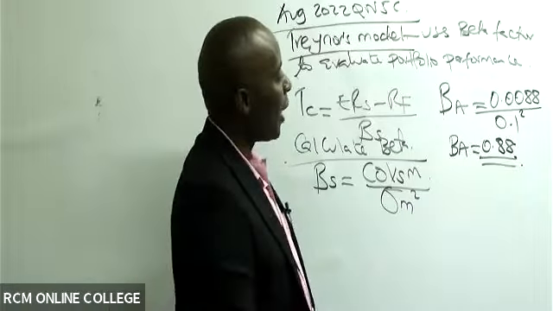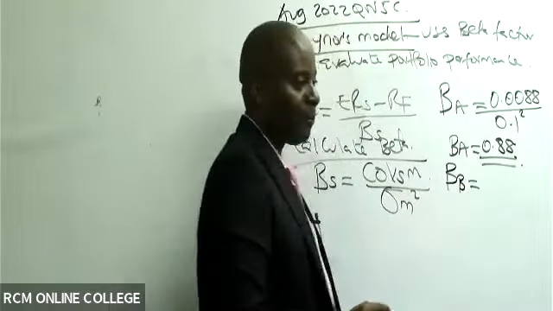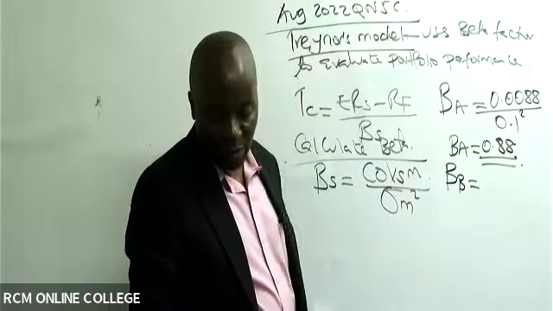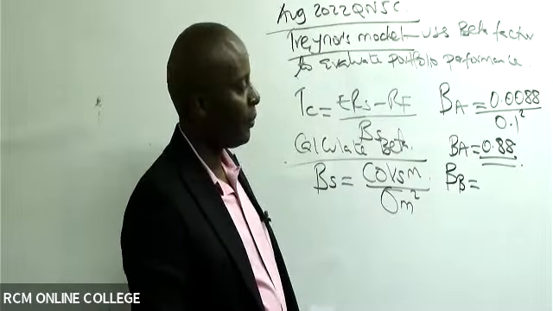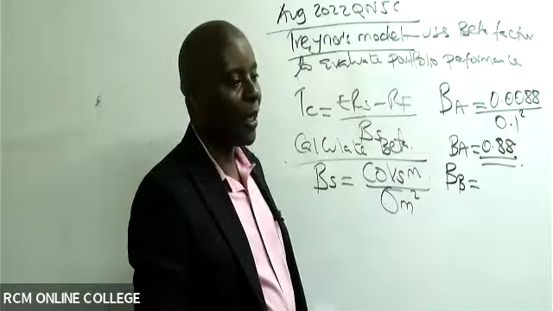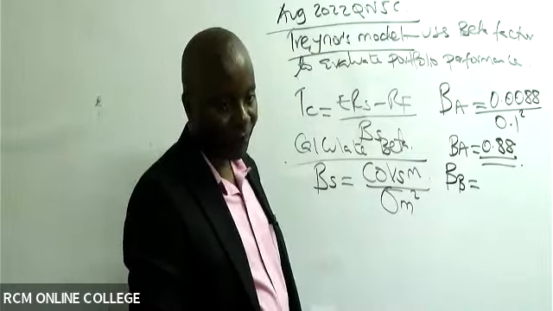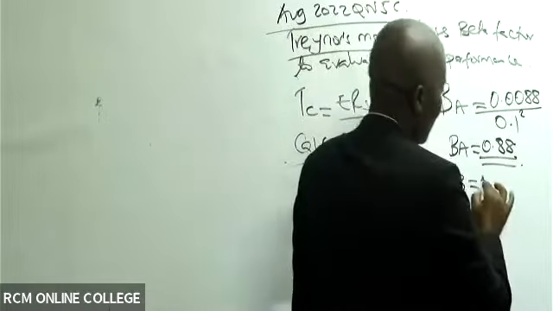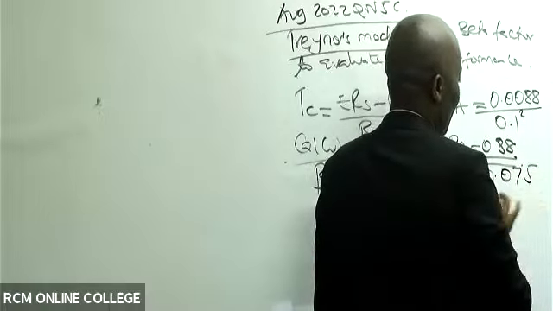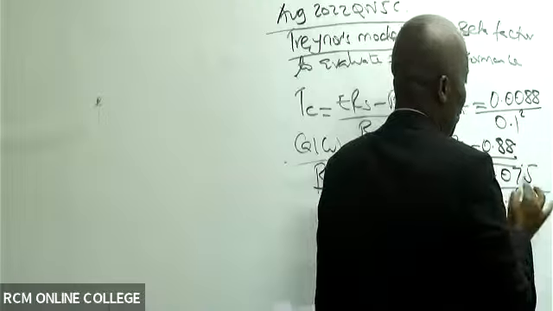So go ahead and give us beta B. Beta B, I should be able to take something divided by something. Are you able to see the covariance of B? 0.75 divided by 0.1 squared, isn't it? Yes.